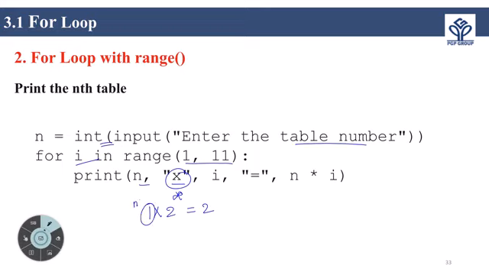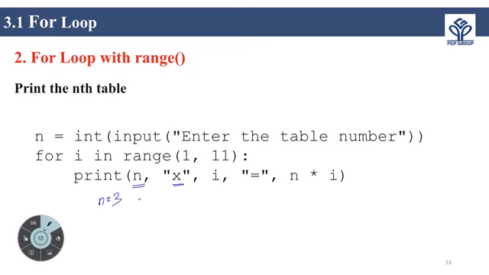So what is our n value? This is the i value, which is incremented, correct? This one is the i value, this one is the n value, and then 2 is the answer. So we assign n as the table number, which is 3.